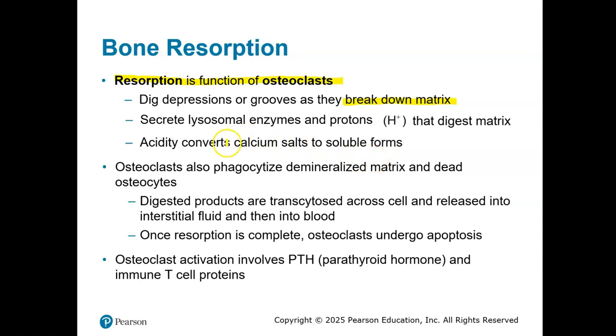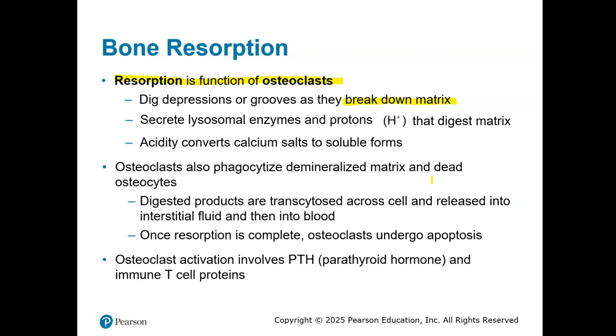So you can't break down those calcium phosphate salts without an acidic environment. So osteoclasts also are phagocytes. They phagocytize basically old matrix. Demineralized matrix is really like the osteoid, the collagen fibers, and dead osteocytes.